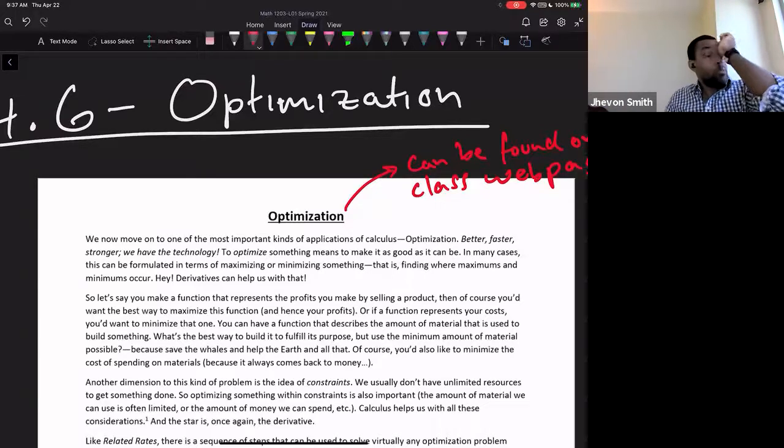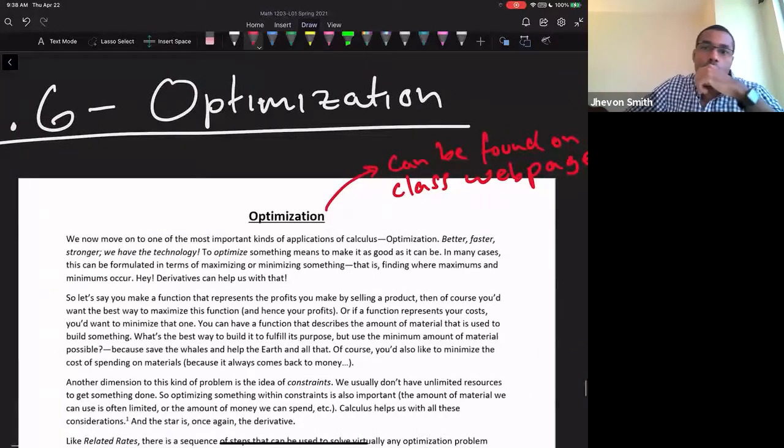So you want to do something better, make it faster, use up less resources, things of that sort, but you want to do it in a world where you have restrictions. So you might have a business and you want to know, how can I maximize profits? And you might say, oh, I want an infinite amount of money. But of course, to get an infinite amount of money, you might need an infinite amount of employees, an infinite amount of products, right?